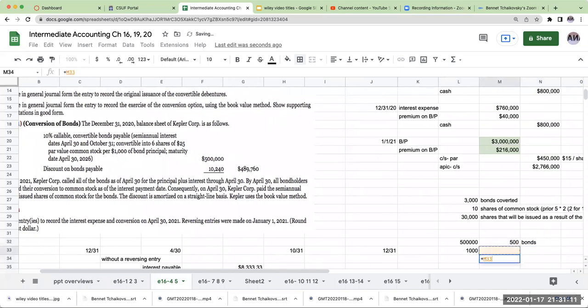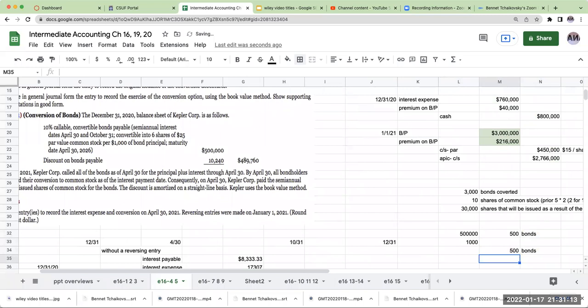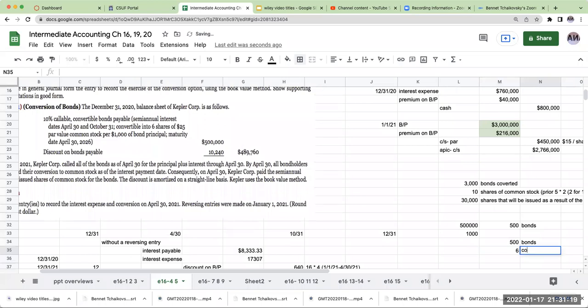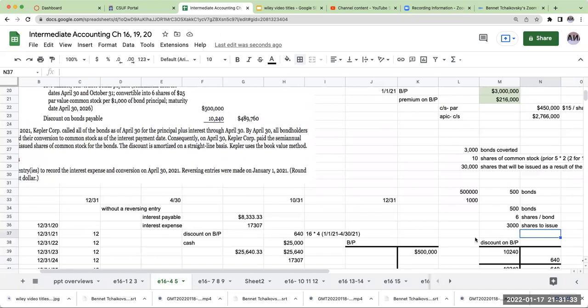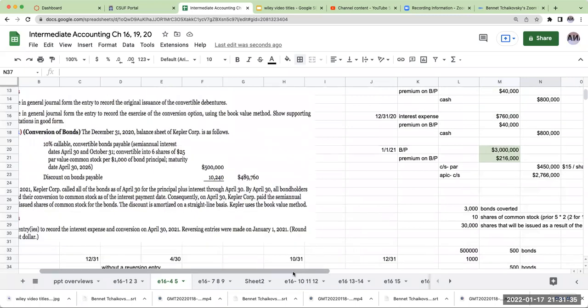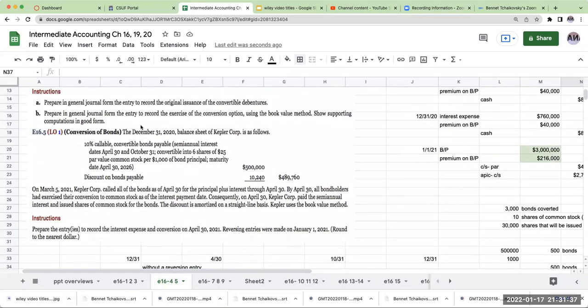So if I have 500 bonds, my conversion rate, each one is converted into 6 shares of common stock, so the total amount of shares I'm issuing is going to be 3,000 shares. So at 3,000 shares, my par value of my common stock is going to be $25 per share.